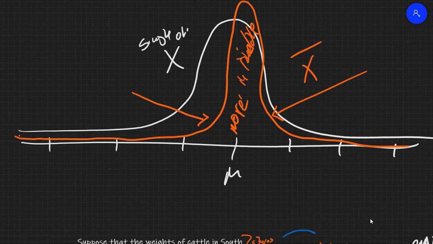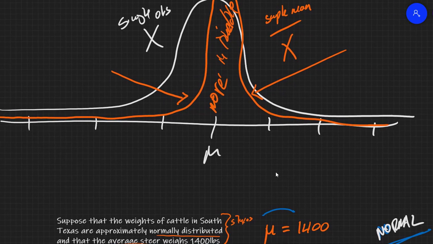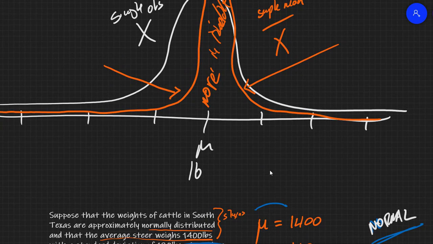When you deal with a single observation, we have stuff all over the place. But when we deal with a sample mean, we have these better averages. It is more unlikely that you're going to walk away from the middle because you've already taken an average and brought stuff into the middle. So this is 1400 in the middle, and 1600 is over here somewhere.